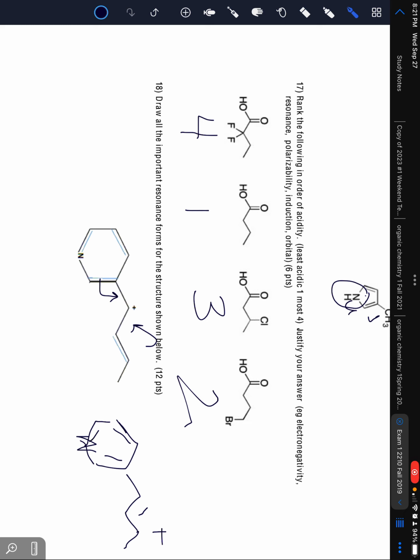So then you would have in the ring, with a double bond here, a plus charge here, the nitrogen, double bond and double bond. And then you can also move within the ring, and then you can also wind up moving that other double bond. Okay.